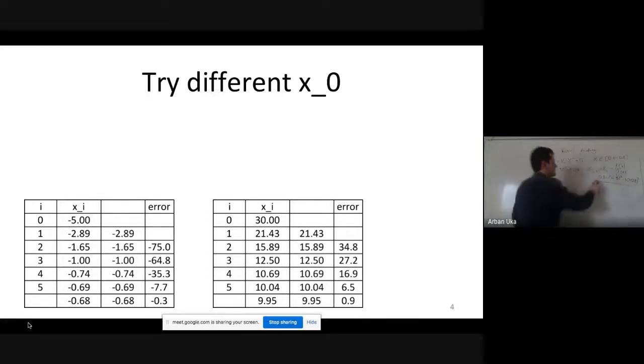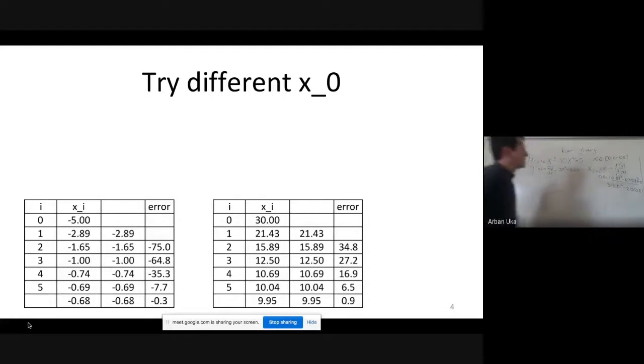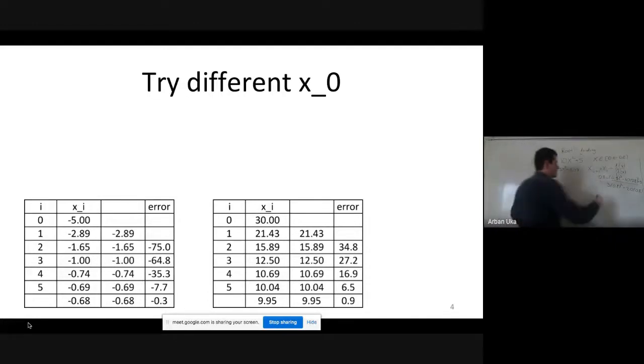Sorry, this is not the whole thing. We get also a plus 5 here over 3 times 0.8 squared minus 20 times 0.8. And with this first attempt, from 0.8, you can get to a better root, which is 0.7.